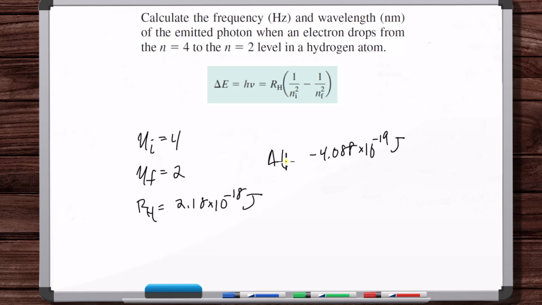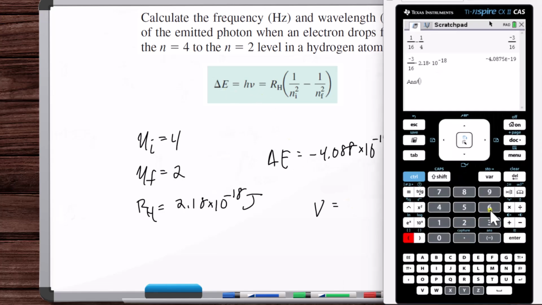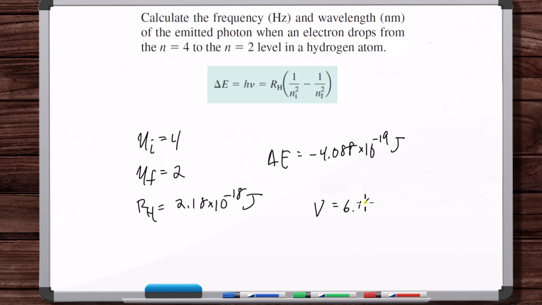That's joules. Okay. Now, the frequency is just you take this and you divide by Planck's constant, right? So divided by 6.626 times 10 to the minus 34. The negative doesn't matter. 6.17 times 10 to the 14 hertz. The negative is just telling us that it's emitted, not absorbed.